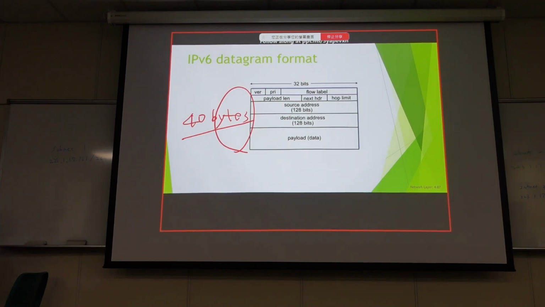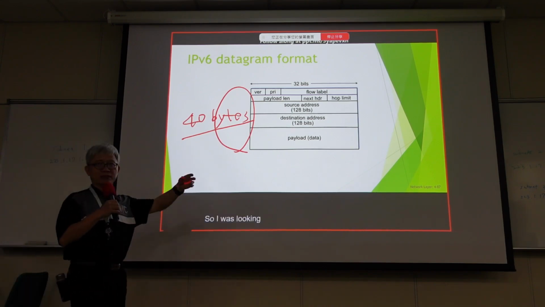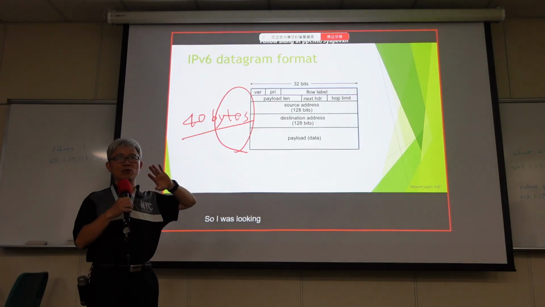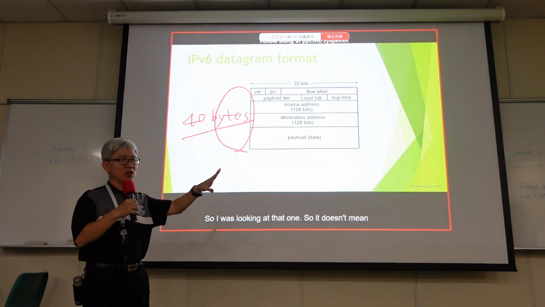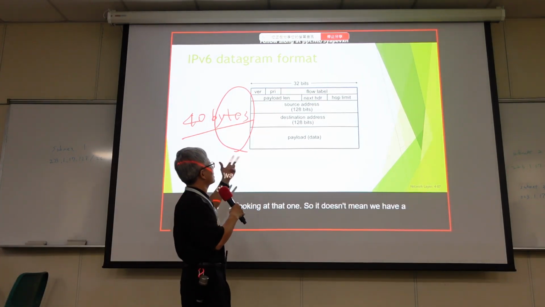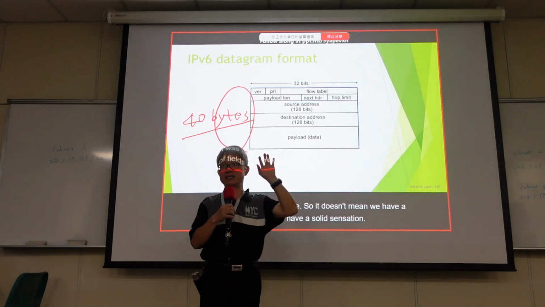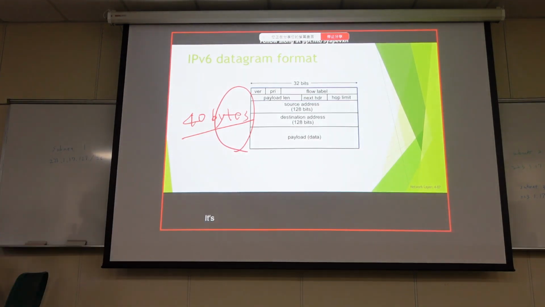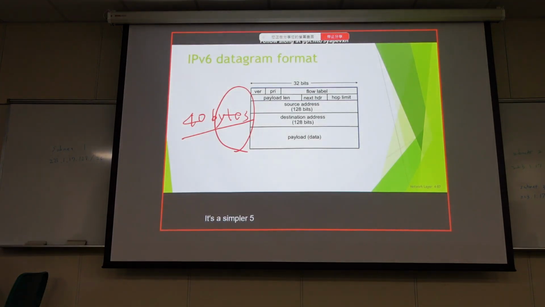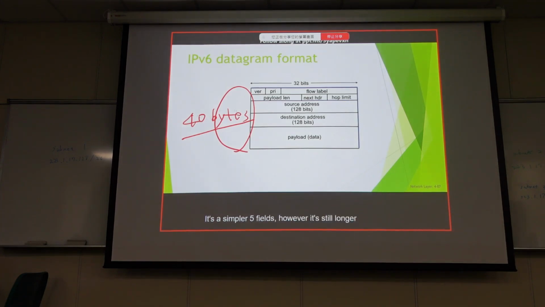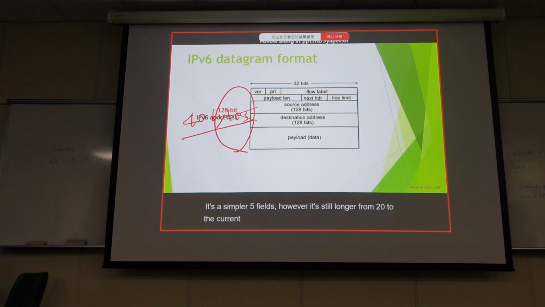So look at the current format. It's simplified, which doesn't mean we have a lot of fields. Yes, we have source, destination, and payload, but the other fields are simplified. However, it's still longer, from 20 to the current 40. And we have the flow label in IPv6.